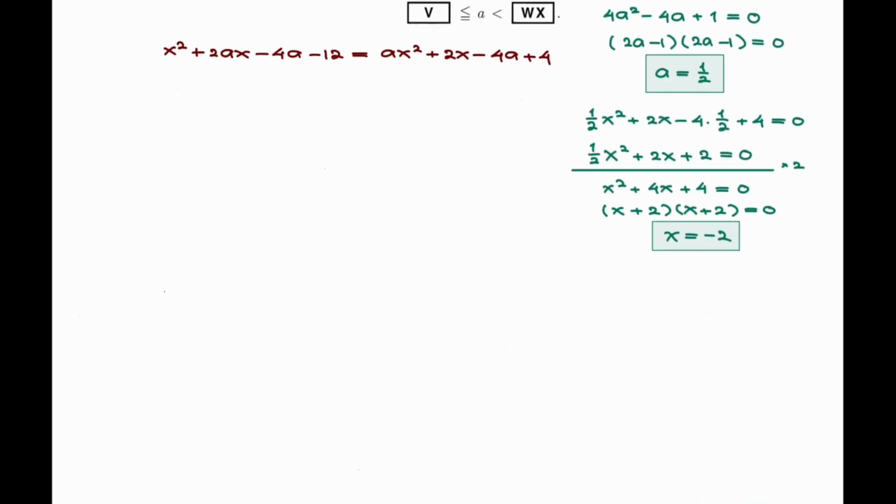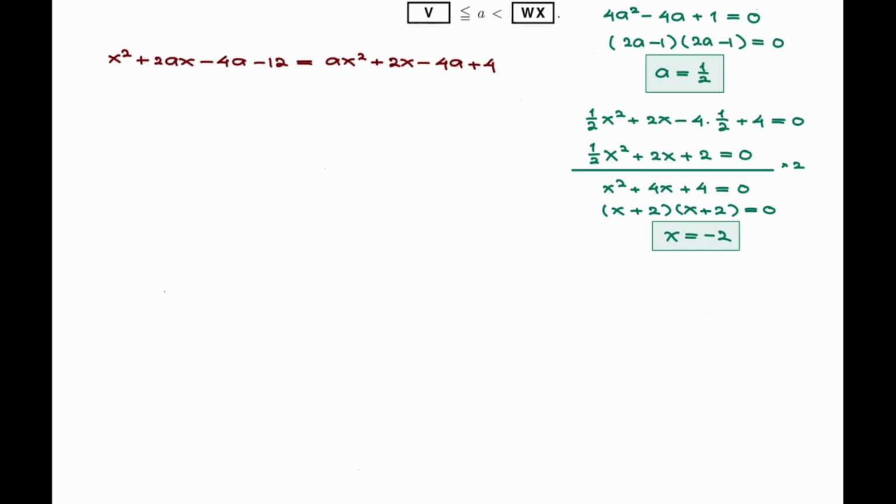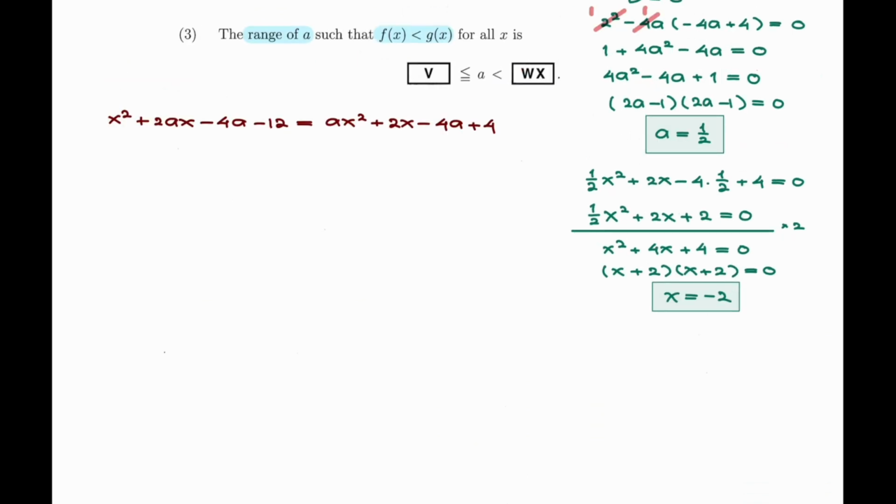This is how I find the point of intersection. But since I do not want these two parabolas to intersect, this equation must have no solution. For this equation to have no solutions, the discriminant must be less than 0.